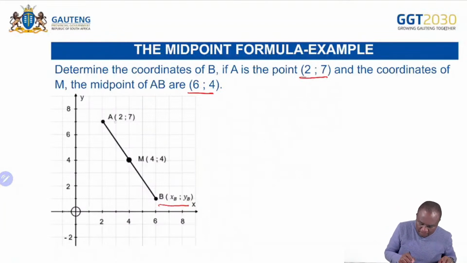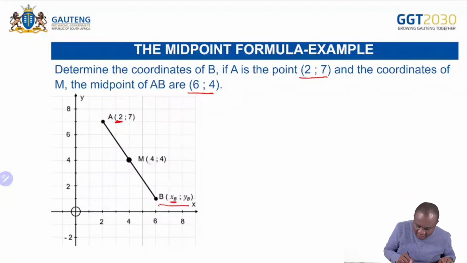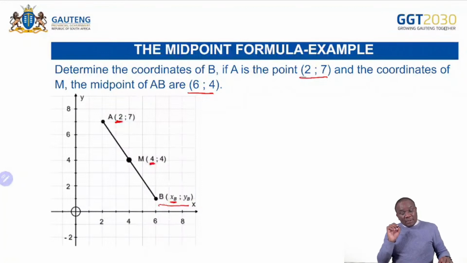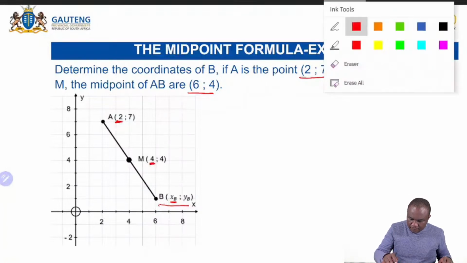So we're going to say these 2 plus xb divided by 2 must give us what? Must give us the x coordinate of the midpoint, which is 4. So 2 plus xb divided by 2 must give us 4. Right. Even, let me try to change color.